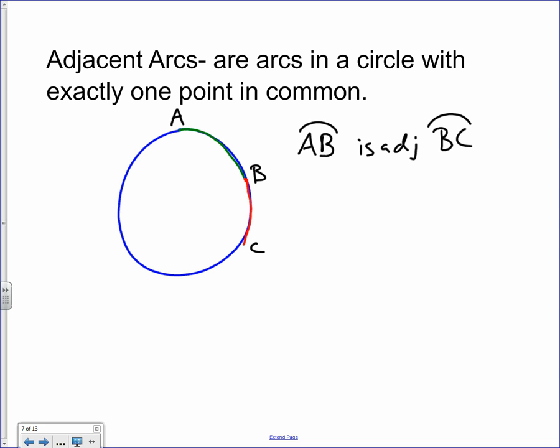We would not, however, say arc AC and AB are adjacent, because they share all of arc AB in common, right?